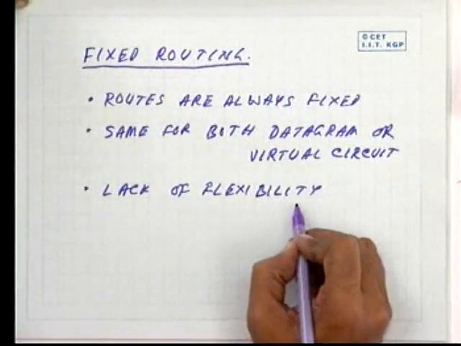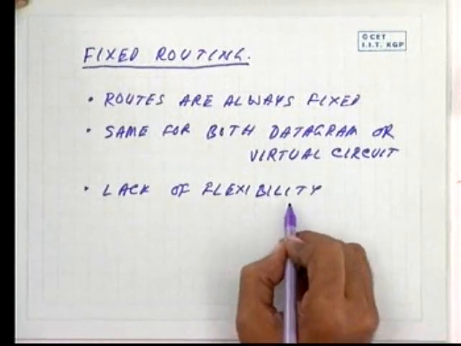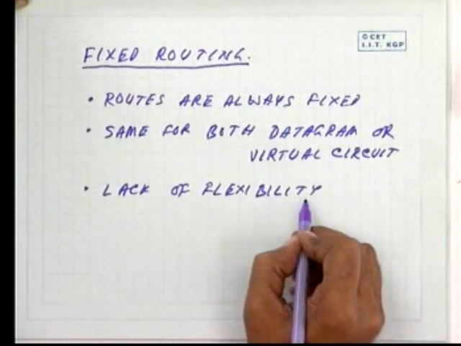Whenever there is some link failure or a congestion develops, this fixed routing cannot recover from that situation, because the routing decision is taken in the beginning and it does not change because of the changing situations. That's why it is not robust and it also suffers from lack of flexibility.